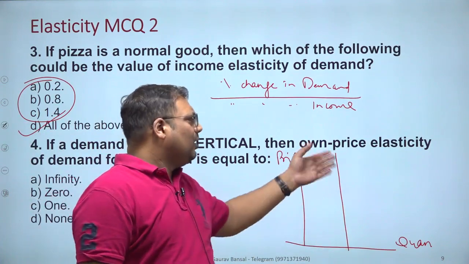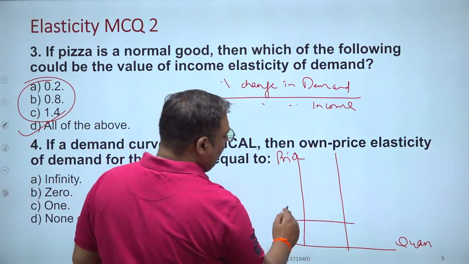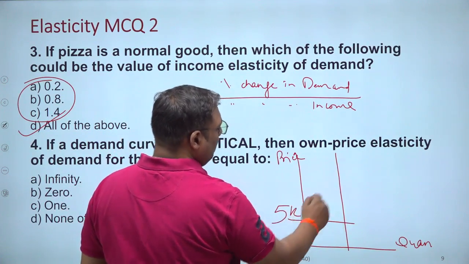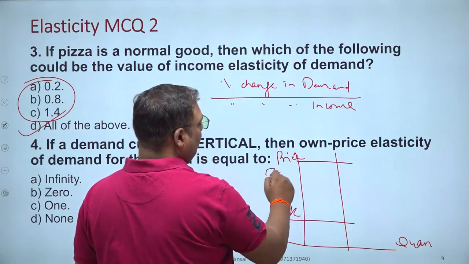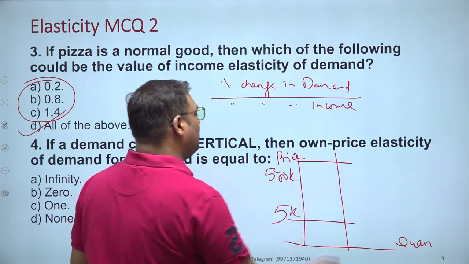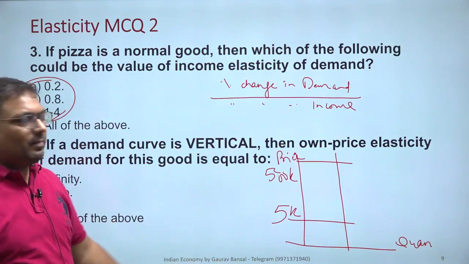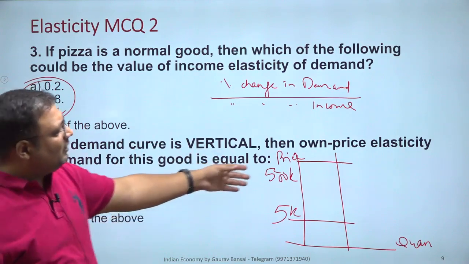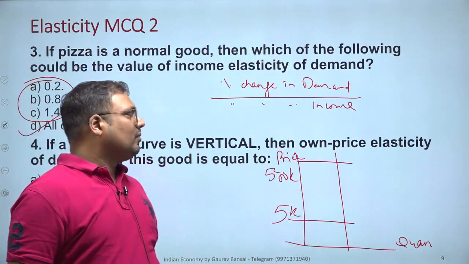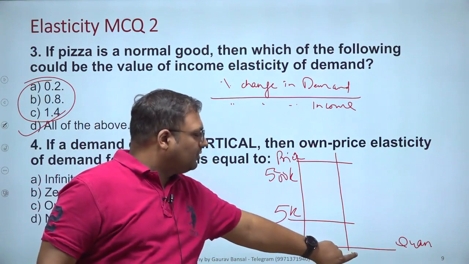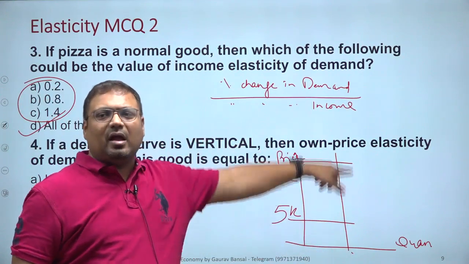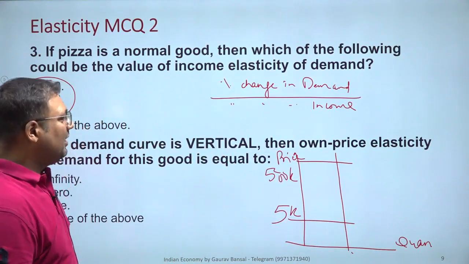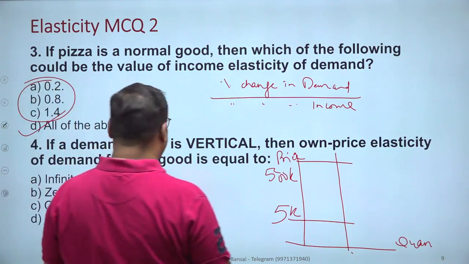So you will spend, whether the price is 5 rupees or 5,000, whether the price is 5 lakh. You will spend the money. Absolutely zero flexibility. That is reflected by the vertical curve. Vertical curve means quantity is fixed, price can be any number. So that tells us inelastic, perfectly inelastic.